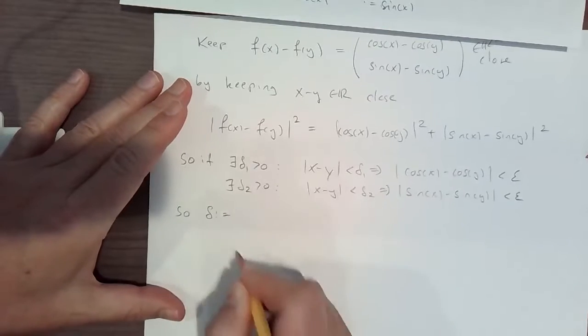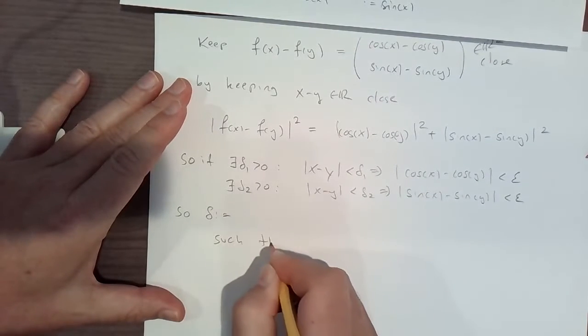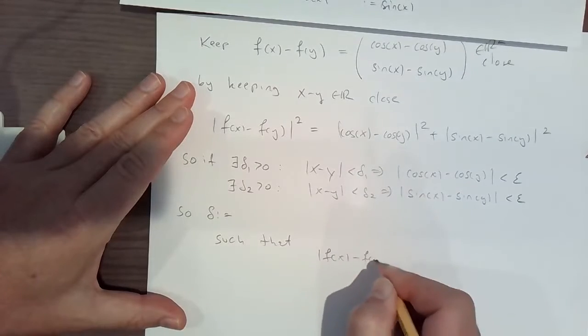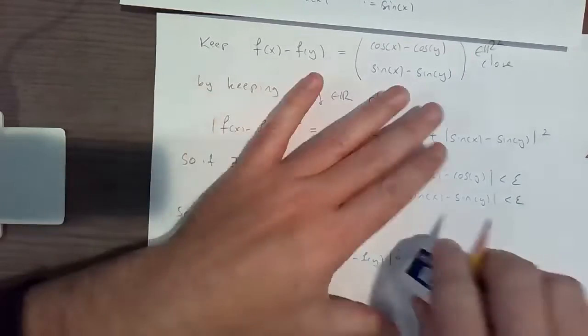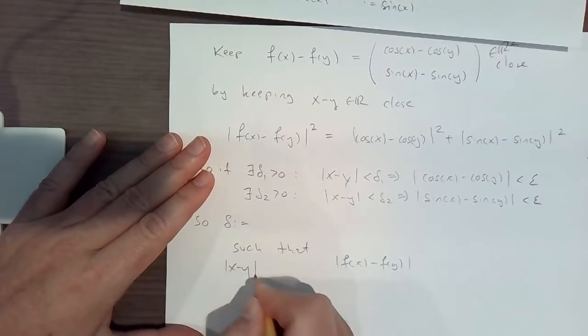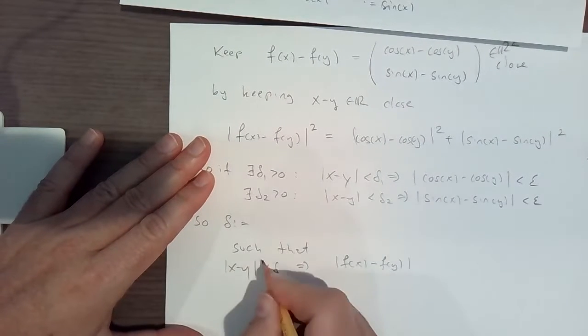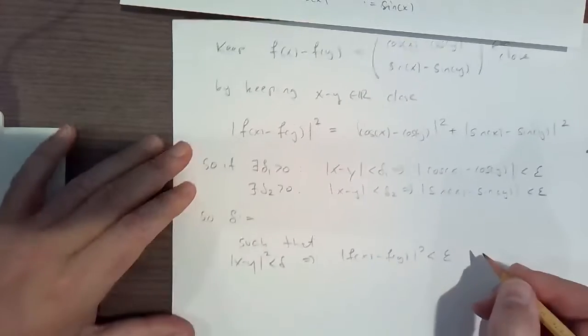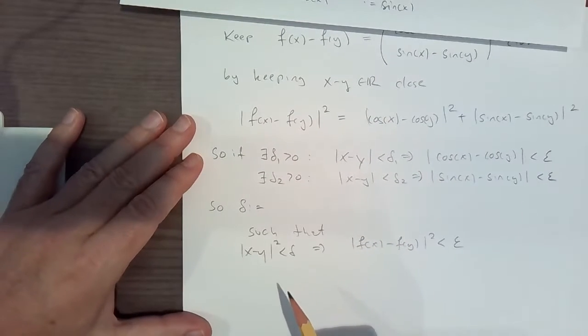So what should I choose for delta such that, say, (f(x) - f(y))^2, such that |x - y| < delta implies that, you can put squares here, it doesn't matter, is less than epsilon? What kind of a delta should I choose?